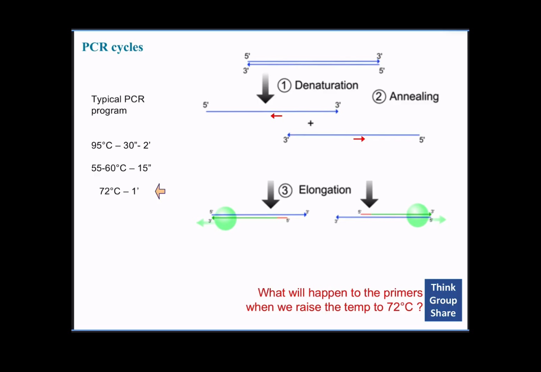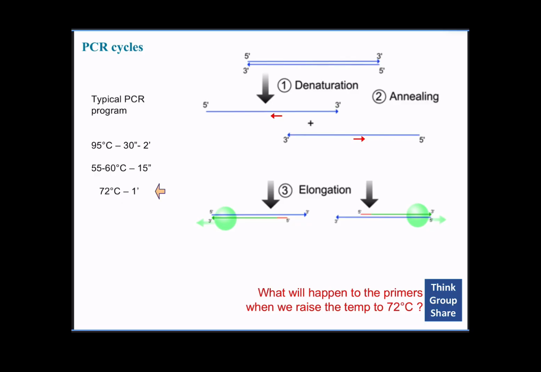It is the temperature that Taq polymerase likes the best. So we give it the best conditions to bind the free 3' end of the primer and initiate the synthesis of a new DNA strand from there on.